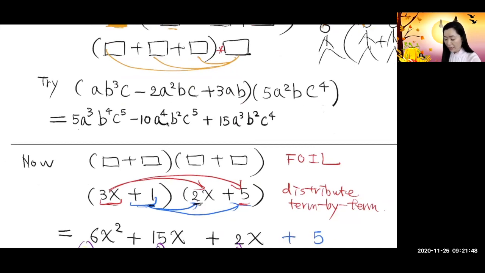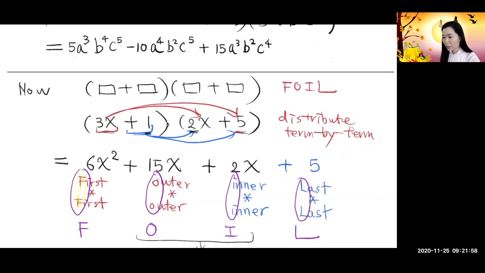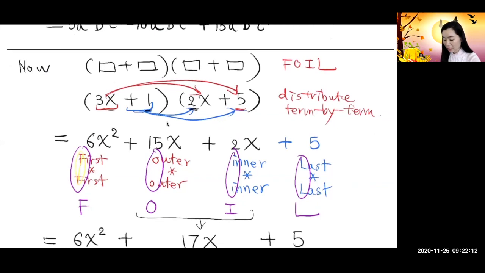Now we're going to multiply a binomial with a binomial, like this one. You're going to distribute term by term. You take the first term and distribute, and then after that, you take the second term and distribute. So take the first one and distribute here times the 2x: 3x times 2x is 6x squared.